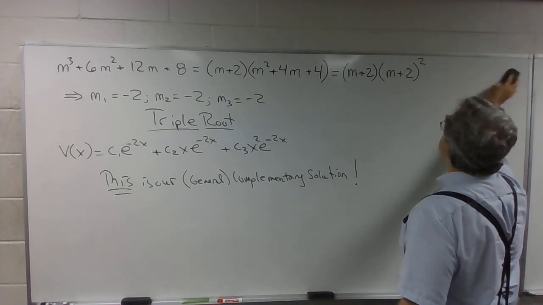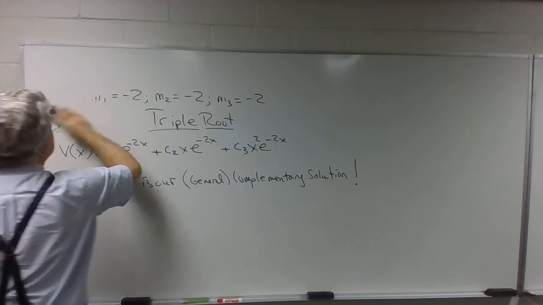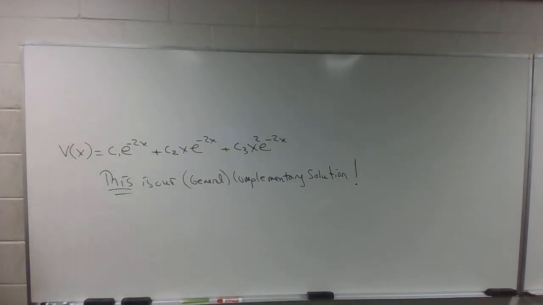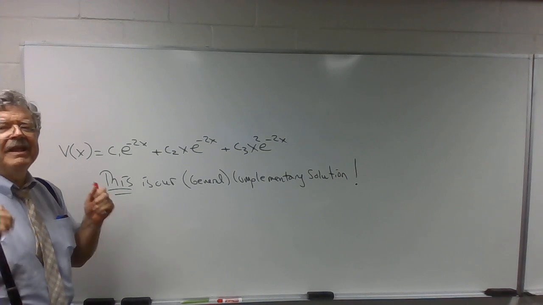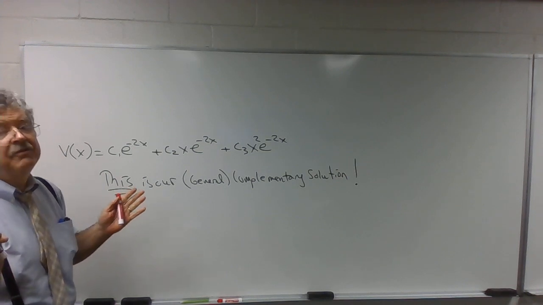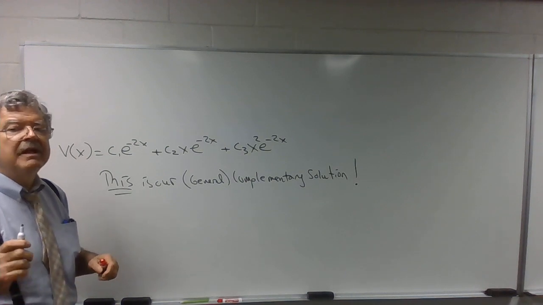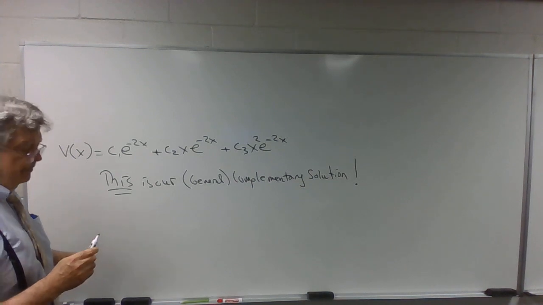Now, I doubt that we would ever have an auxiliary equation that had a quadruple root. But suppose we did. Suppose that m equal negative 2 was a quadruple root. How would we get our general complementary solution?